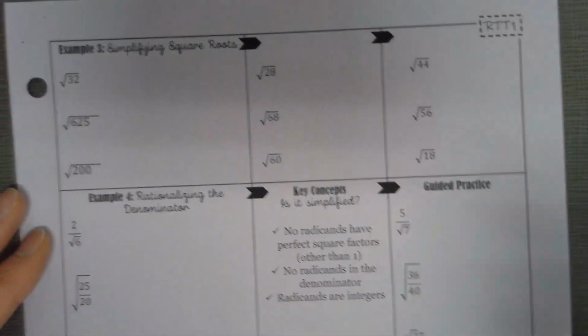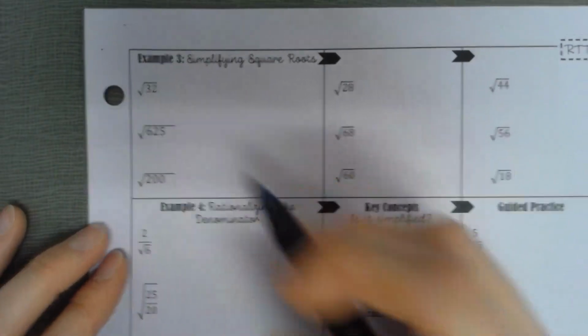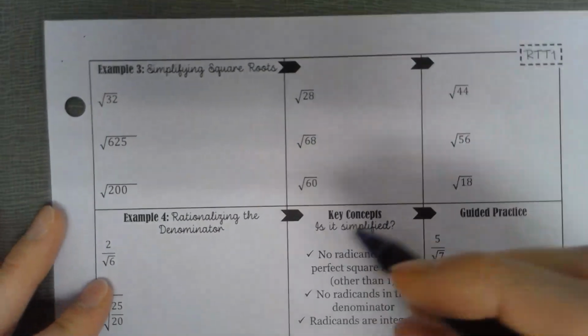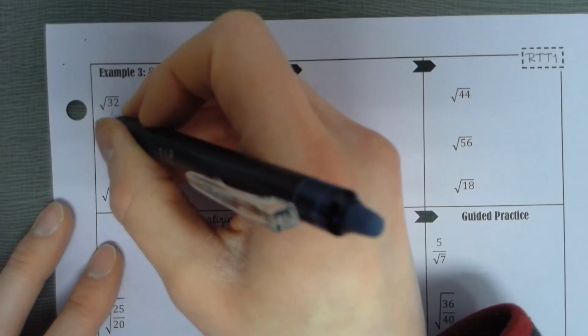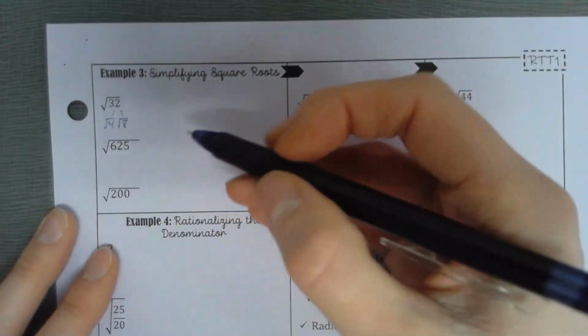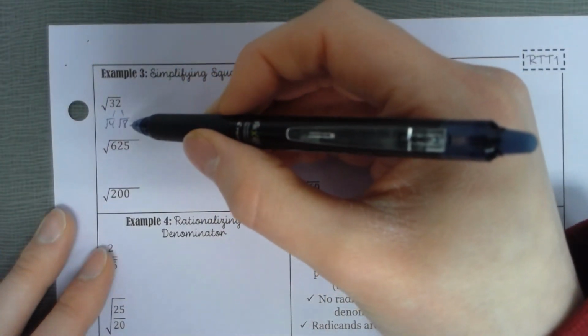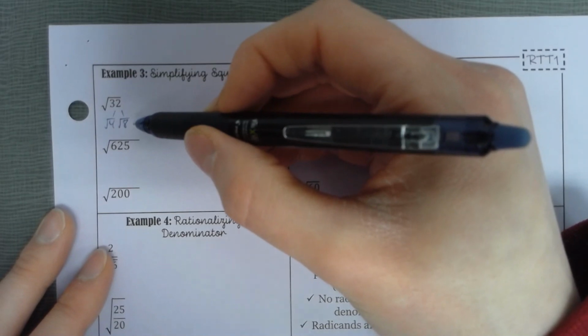The smallest perfect square that you can find is not always the one that's going to work. For instance, square root of 32. 4 does go into that 8 times, so it factors into 4 and 8. Square root of 4 is 2, but 8 still has a 4 that goes into it, so it can simplify further.